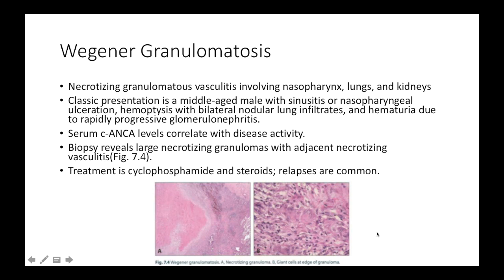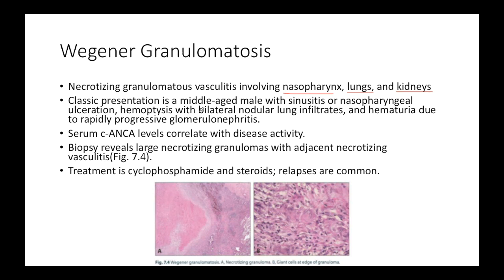So we start with Wegener's granulomatosis. And what we have here is another type of necrotizing granulomatous vasculitis. And this involves the nasopharynx, lungs, and kidneys.